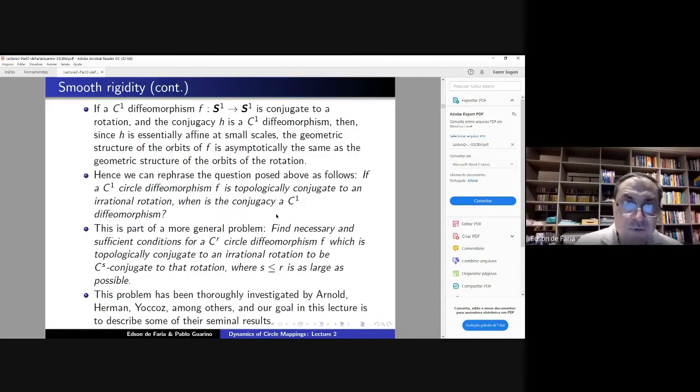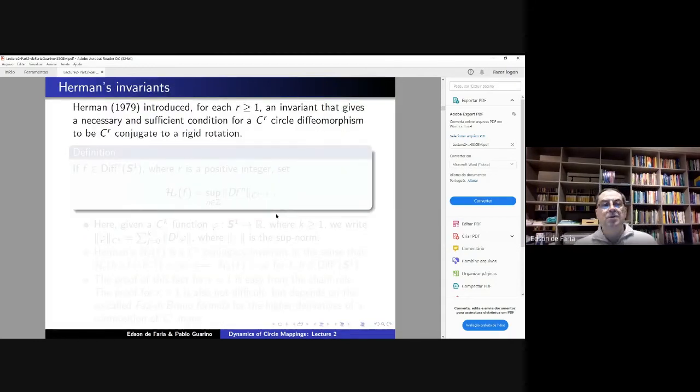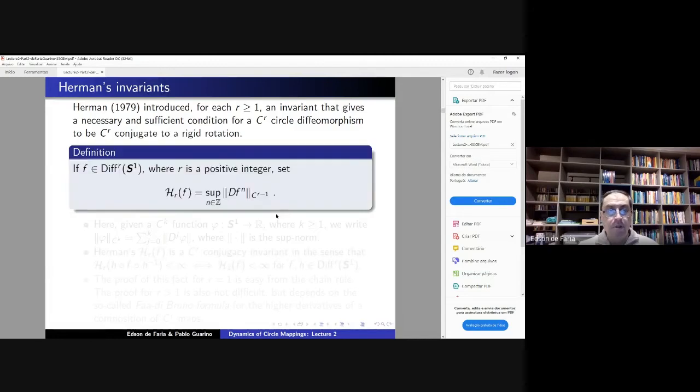The first thing I want to do is tell you about some invariants that were introduced by Michel Herman in the late 70s. They give you a necessary and sufficient condition for a circle diffeomorphism of class C^r to be C^r conjugate to the corresponding rigid rotation, okay, with the same rotation number. So Herman defined his invariant in the following way.